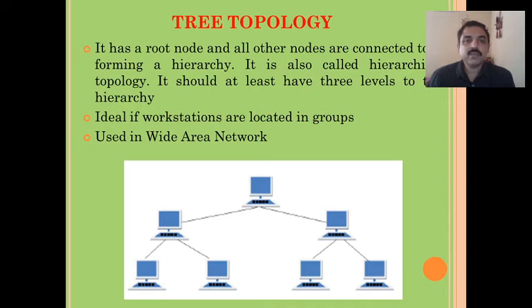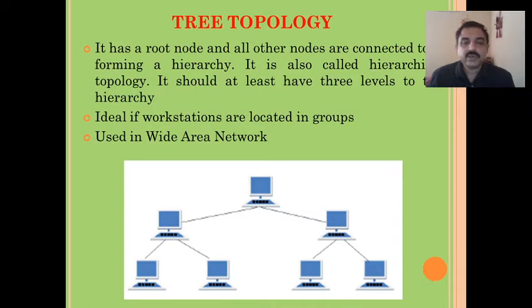Next is tree topology. It has a root node and all other nodes are connected to it, forming a hierarchy. It is also called hierarchical topology. It should have at least 3 levels in the hierarchy.